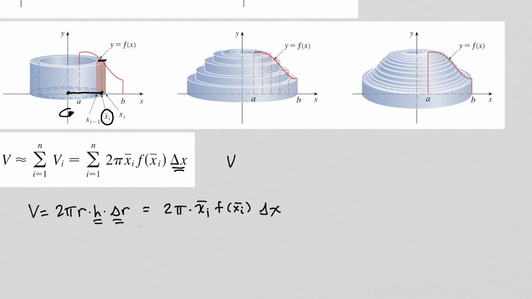So the idea is that the volume is going to be the sum, i equals 1 to n, of the volume of the ith shell. But the volume of the ith shell is what you see down here. So it's 2 pi xi bar f of xi bar times delta x.